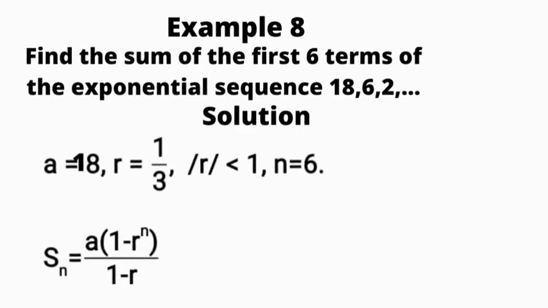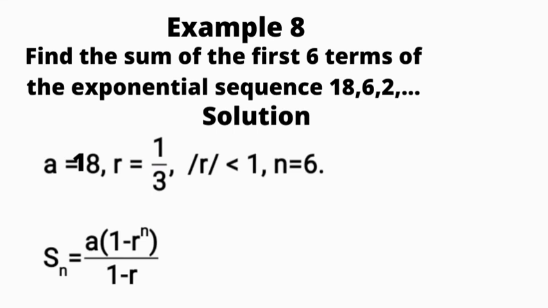Example 8. Find the sum of the first six terms of the exponential sequence 18, 6, and 2. Solution. The first term A is equal to 18. Common ratio r is equal to 1 over 3. The magnitude of r is less than 1. And n is equal to 6.